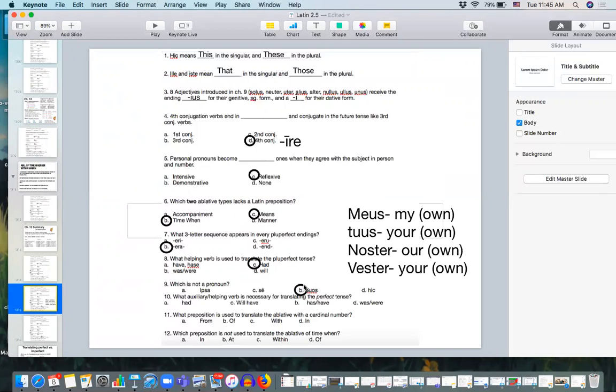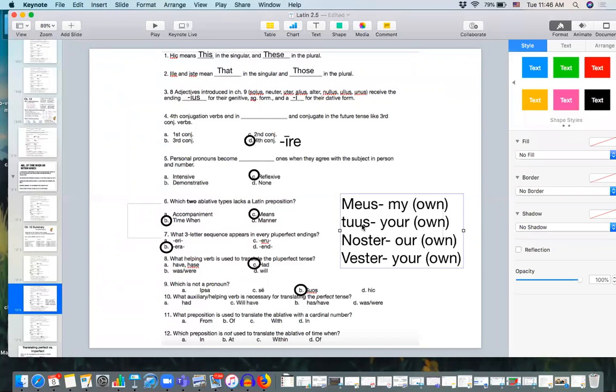So anyway, suos there is a reflexive possessive adjective, not a pronoun. Just like how meus, tuus, noster, and vester are technically adjectives, but they almost feel like they're in a pronoun category because they have this possessive energy that describes what something belongs to or who something belongs to.